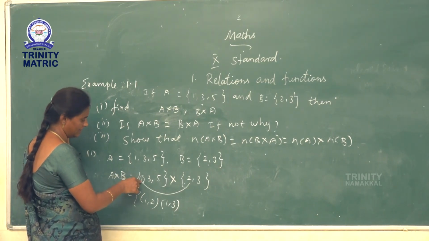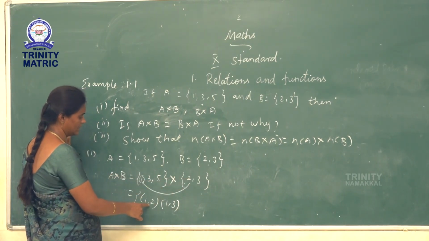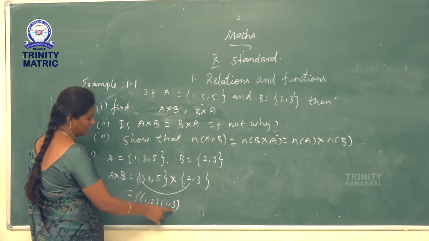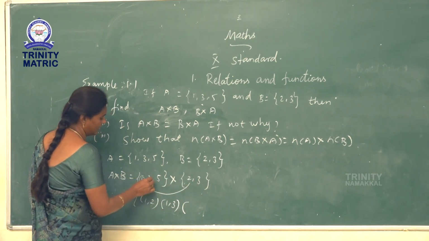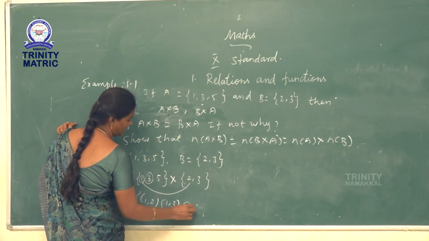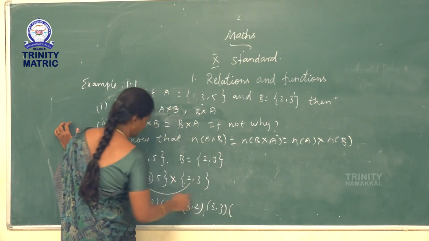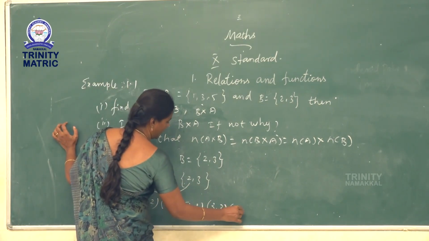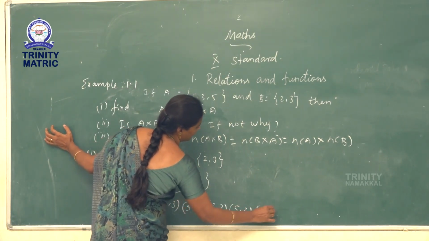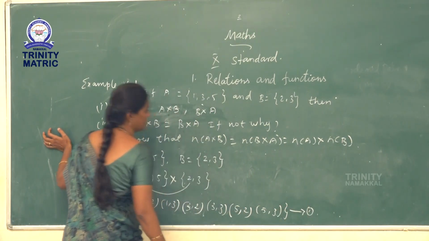So first we take the first element 1 and assign it with the first element of B, that is 1, 2, then assign the second element, 1, 3. Then we take the second element 3 with the first element, 3, 2, then 3, 3. Next we take the third element 5 with the first element 2, that is 5, 2, then 5, 3. This is equation number 1.